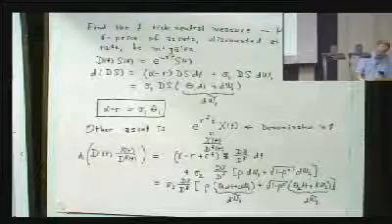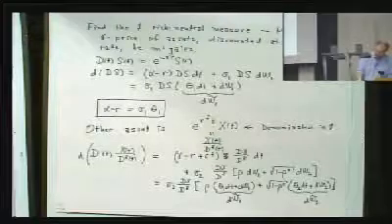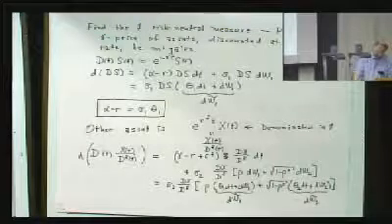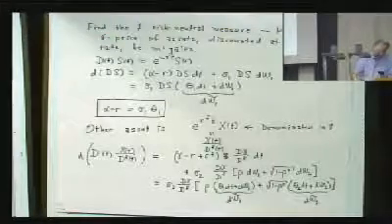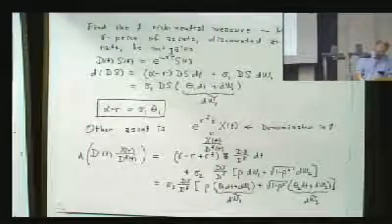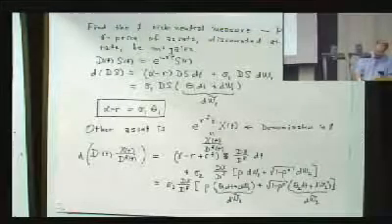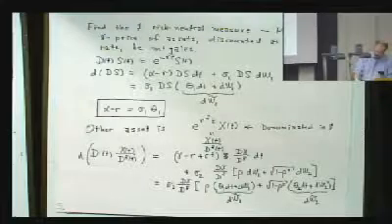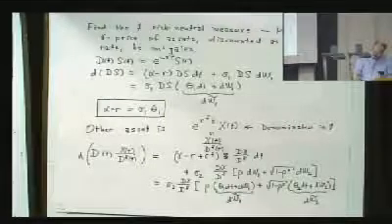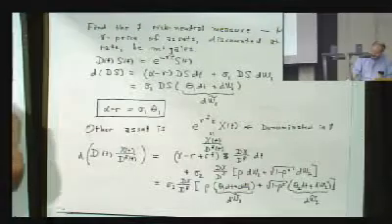So let's assume there's a unique solution. Then we can define the domestic risk neutral measure P tilde by saying that its Radon-Nikodym derivative with respect to P is exp of minus theta 1 W1 of T minus theta 2 W2 of T minus 1/2 theta 1 squared plus theta 2 squared times T. That's Girsanov.